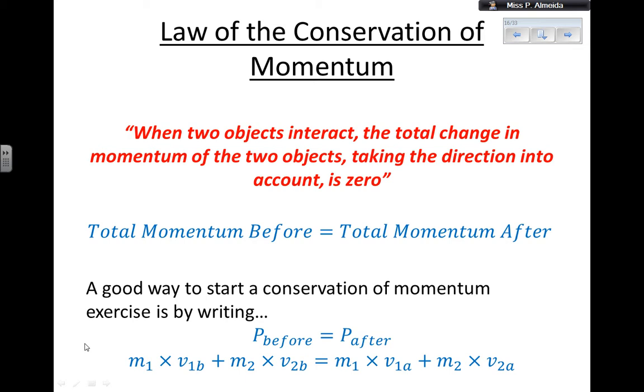So you get m1 times v1a, which is the momentum of the first object after the interaction, plus m2 times v2a, which is the momentum of the second object after the interaction. Okay? So if you do it that way, it doesn't matter how many variables are unknown, you will be able to get an answer, okay, and the right answer.